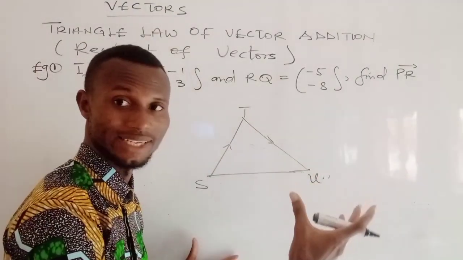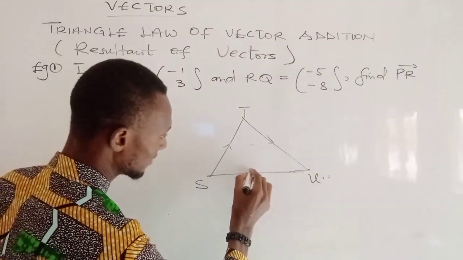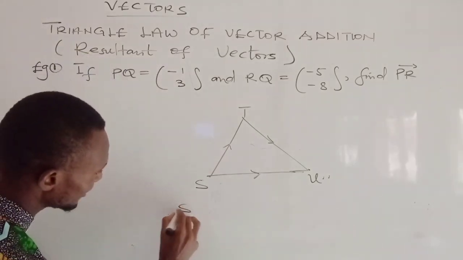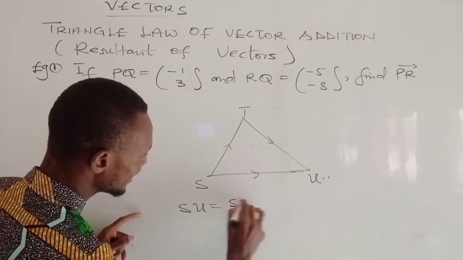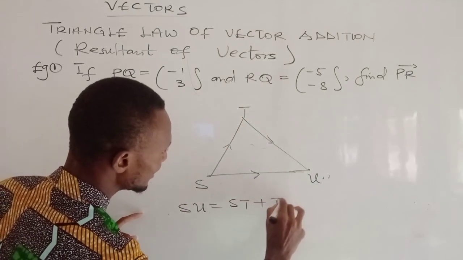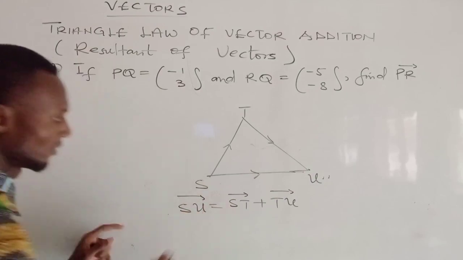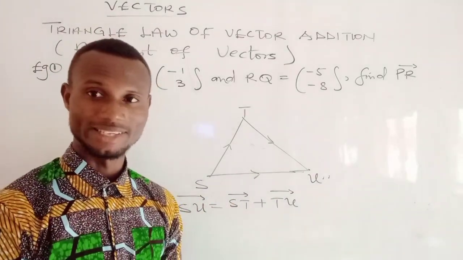You should keep it in mind. That is how it always goes. So my SU is going to be ST plus TU. Okay, you bring the arrows, which are very important. The arrows are important, so don't ignore the arrows. I hope you understand.